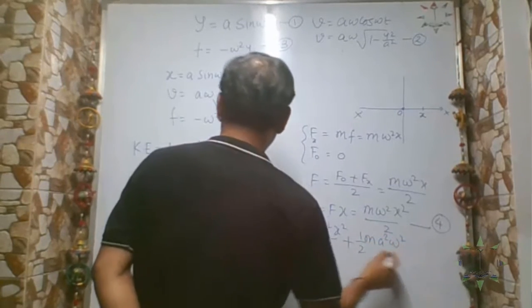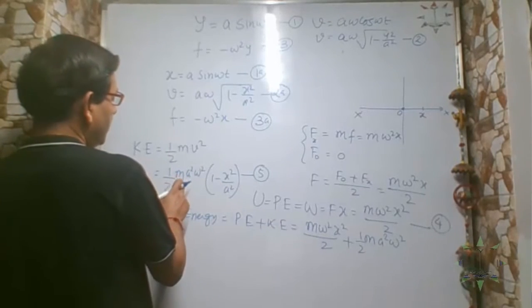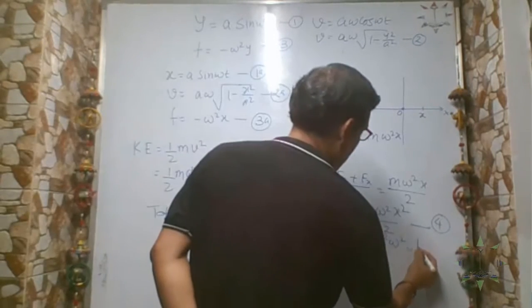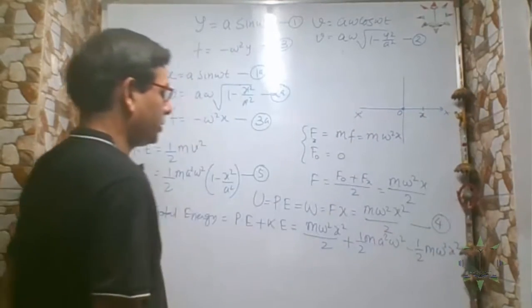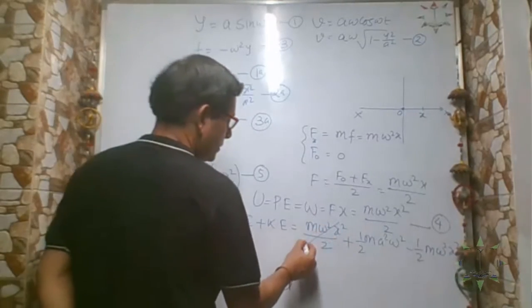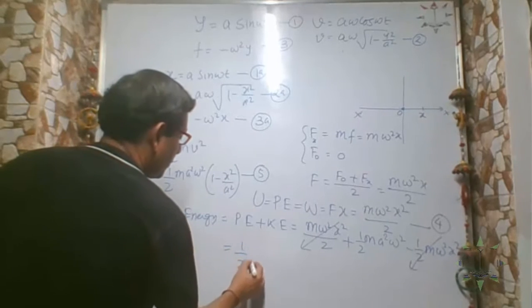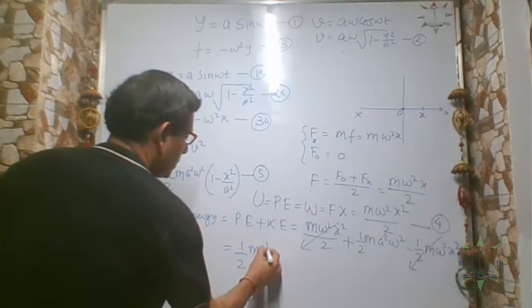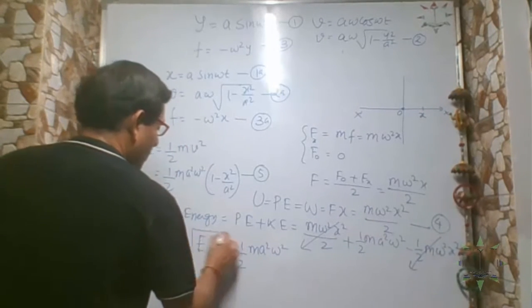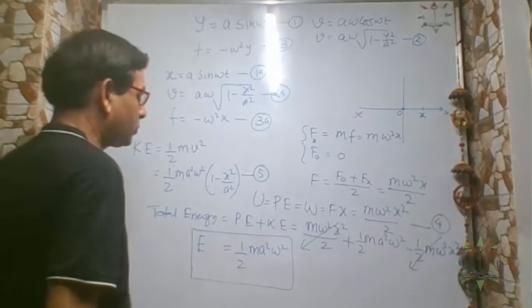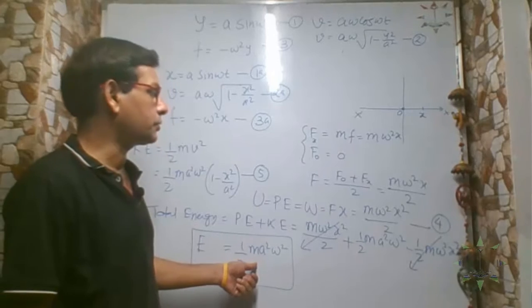The a square cancels out, leaving minus half m omega square x square. So these two terms cancel out. We are left with half m a square omega square. This is the total energy. Now it is independent of x. Wherever the particle is, total energy is constant.